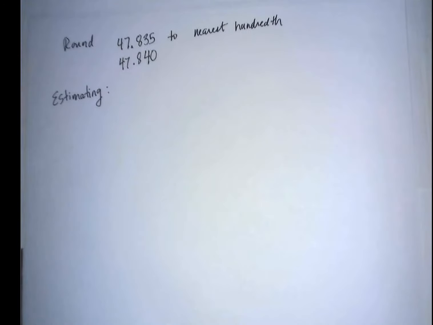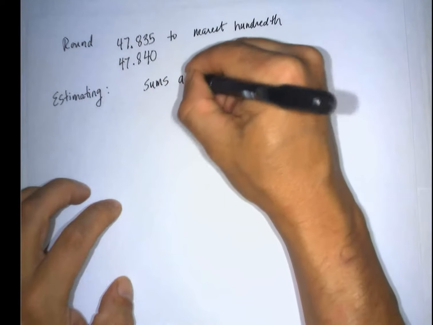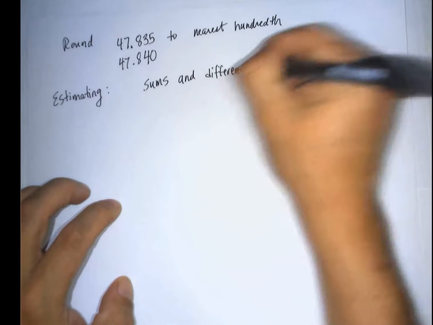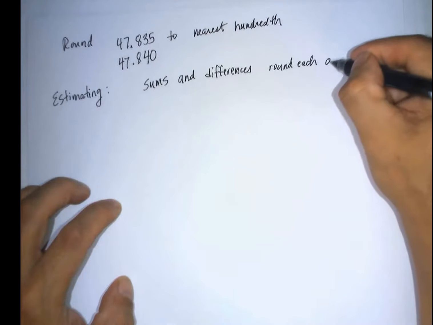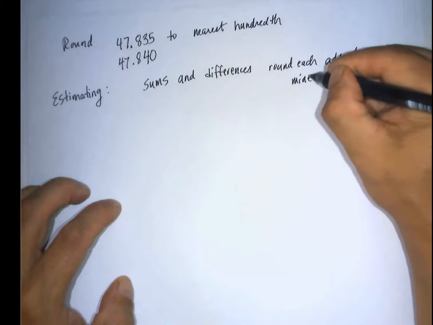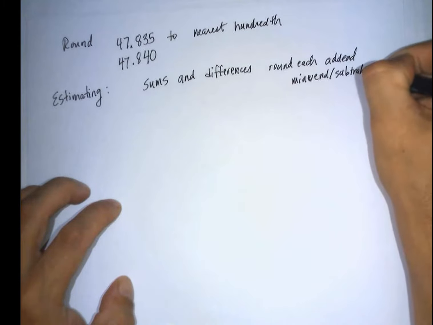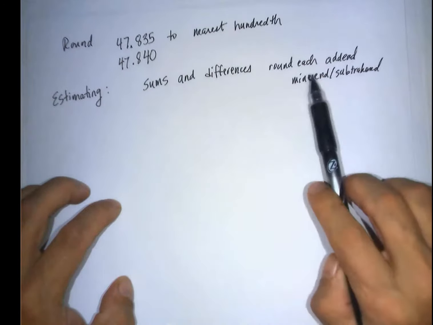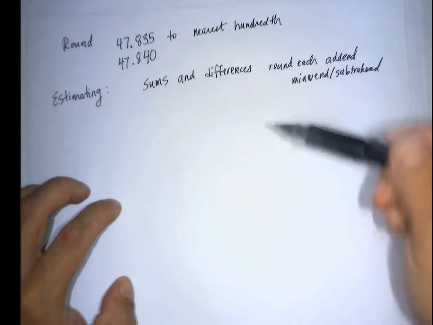So generally when you estimate sums and differences, you round each addend, minuend, or subtrahend. Let me explain what these are. Addends are things that are added together. Minuend and subtrahend are what you subtract when you do a difference. You round each of these to the highest place value.